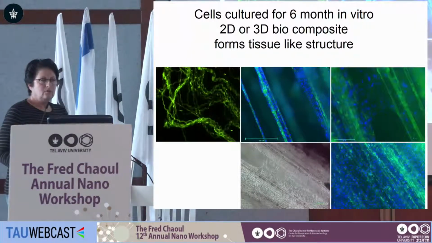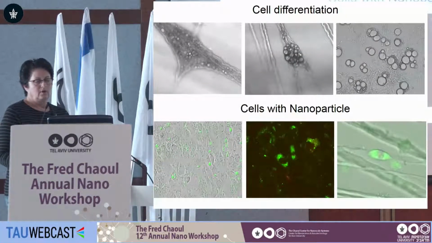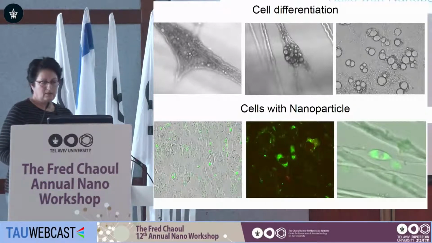Cells are growing on the scaffold for many, many months, so there is no cytotoxicity, and they are forming in vitro tissue-like structure. And of course, this can be very easily translated into the in vivo. We have shown that cells can differentiate on this nanomaterial, and they can nicely absorb nanoparticles that can direct them in any direction that we would like in the tissue regeneration process.